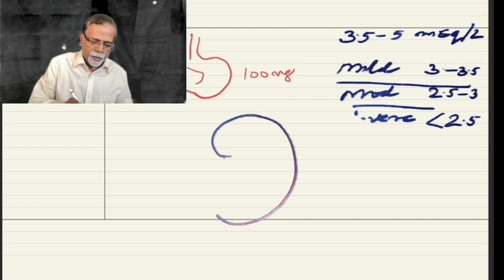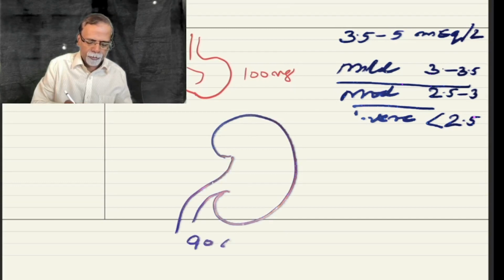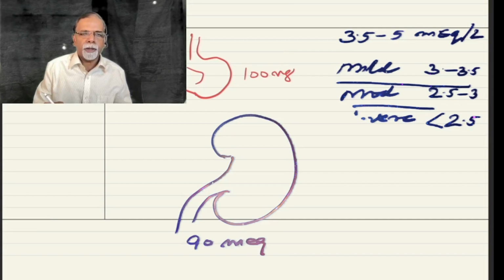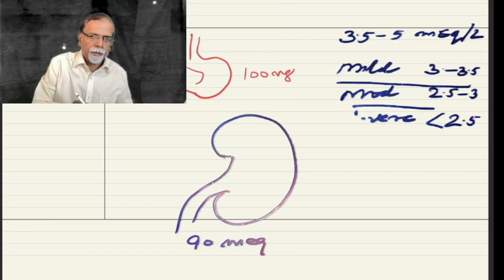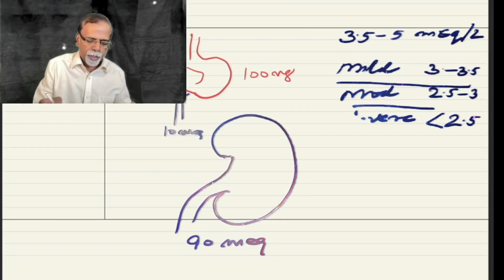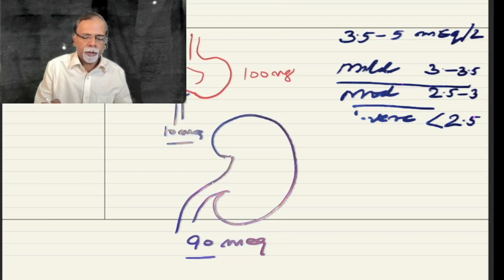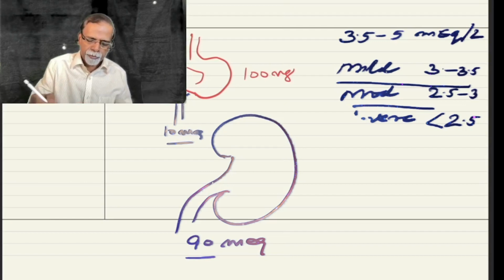So the renal excretion contributes 90 milliequivalents. Only 10 milliequivalents pass via the feces. So of the 100 milliequivalents, 90 is excreted via kidney and 10 via the gastrointestinal tract.